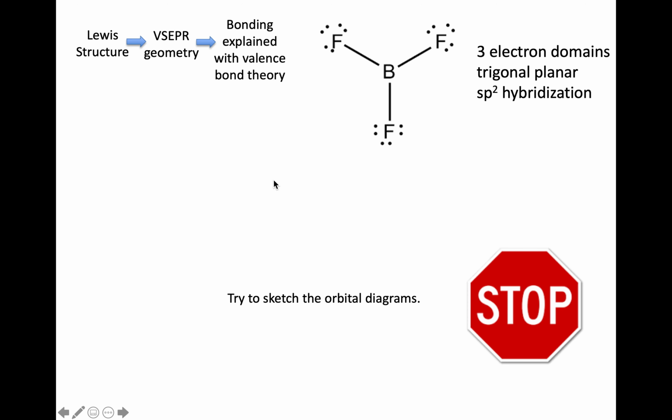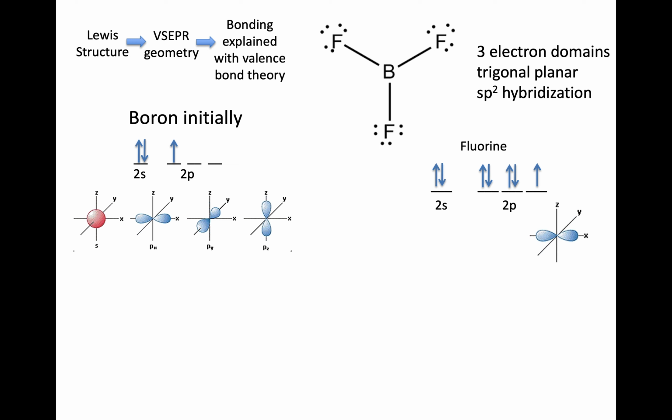Now tell me, sketch the orbital diagram for boron and sketch the orbital diagram for fluorine. Take the valence electrons, how do they look? This would be my description for what boron looks like and for what fluorine looks like. In terms of the fluorine, I think this is going to be well suited to form a single bond because I see an unpaired electron in a p orbital that could then overlap with an orbital from the boron.